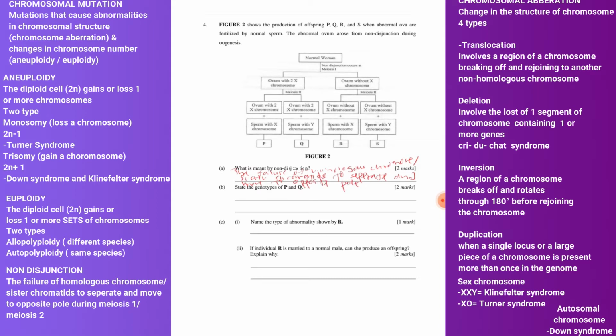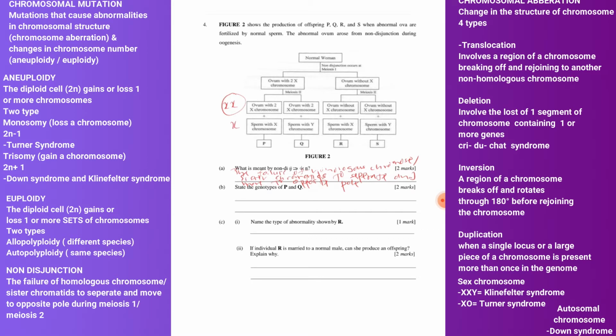Okay, state the genotype of P and Q. So now P: sperm with X chromosome fused with ovum with 2 XX chromosome. So here is ovum with 2 XX chromosome, and this one sperm with X chromosome.